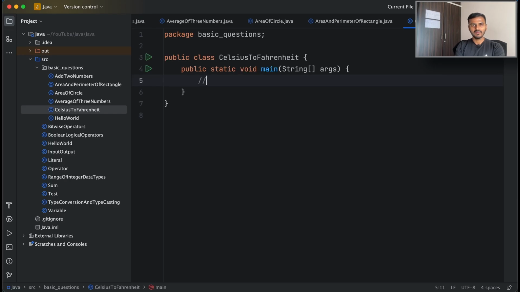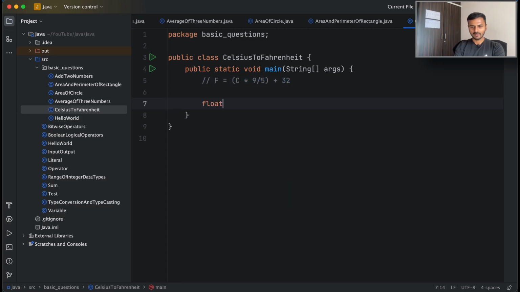Now, first of all, we need to know the formula, right? Which is temperature in Fahrenheit would be equal to temperature in Celsius multiplied with 9 by 5, and all of this would be within a pair of parentheses, and then we'll go for plus 32. So knowing this formula, let's first of all have a variable of float type, and let's name this variable Celsius.